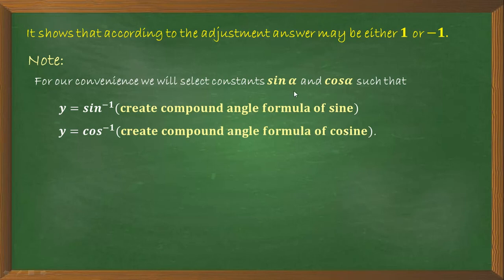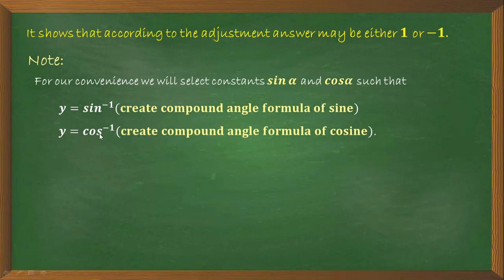So if you want to simplify very easily, then select sin alpha and cos alpha such that you will get the proper compound angle formula in the bracket. If there is a sine inverse, then create the compound angle formula of sine, so that we have to select the sine alpha and cos alpha like that.